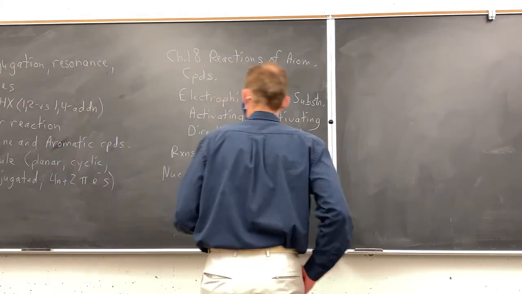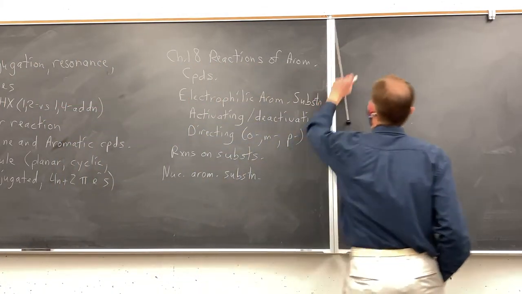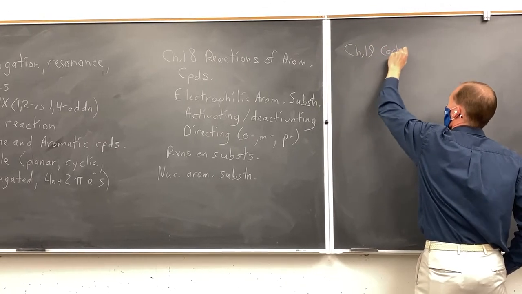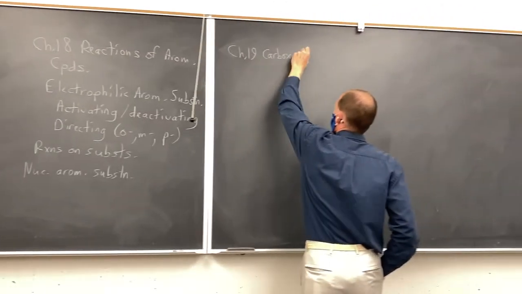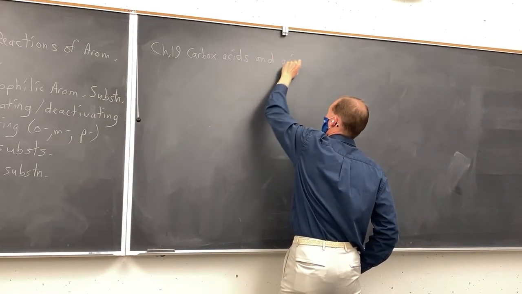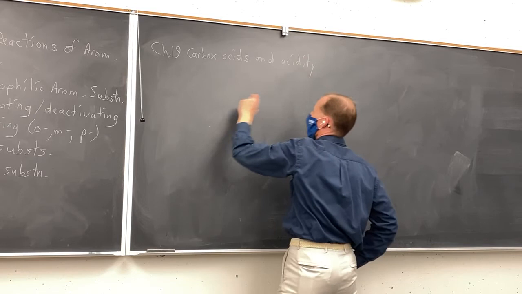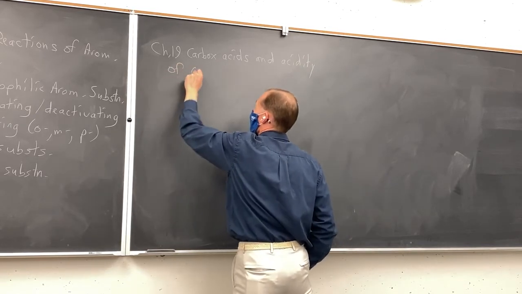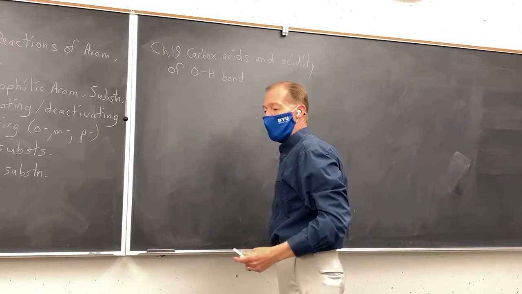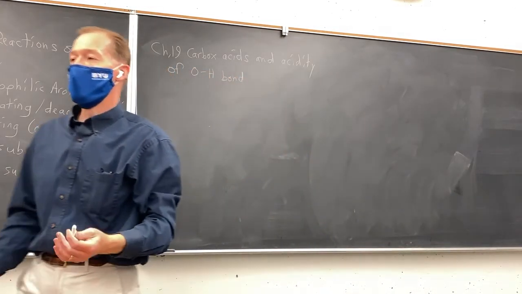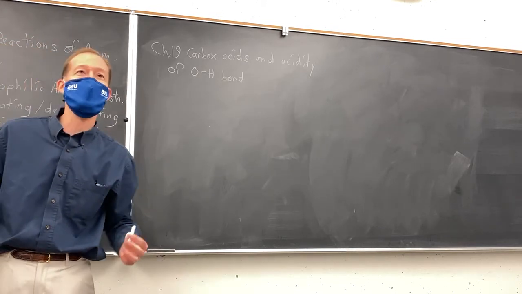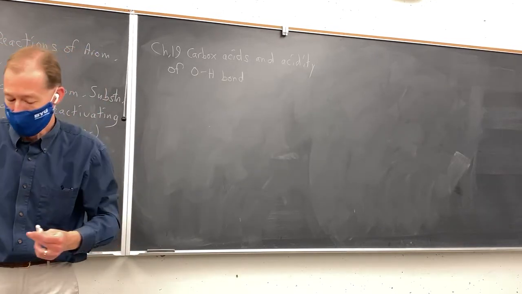Okay, chapter 19, carboxylic acids and the acidity of the OH bond. This was a review of acid-base principles designed to get us ready for studying carbonyl chemistry.